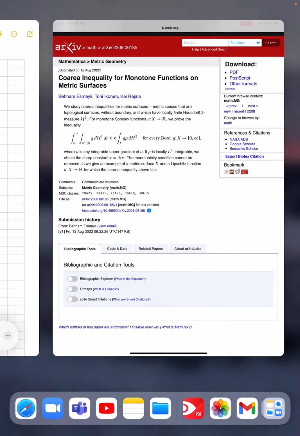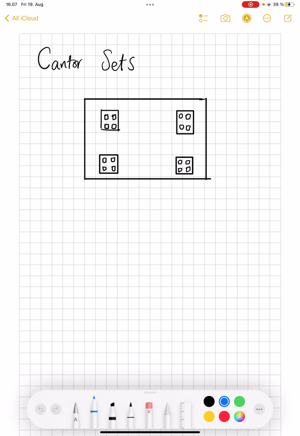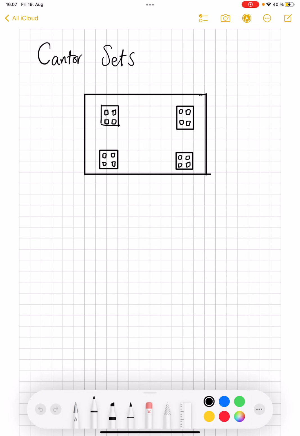So that space in itself is very interesting, and you don't need to know any of the words that appeared there to understand this construction. All you need to know is to recall how one constructs Cantor sets. So you start with a square in R2, and you pick four subsquares in the four corners.